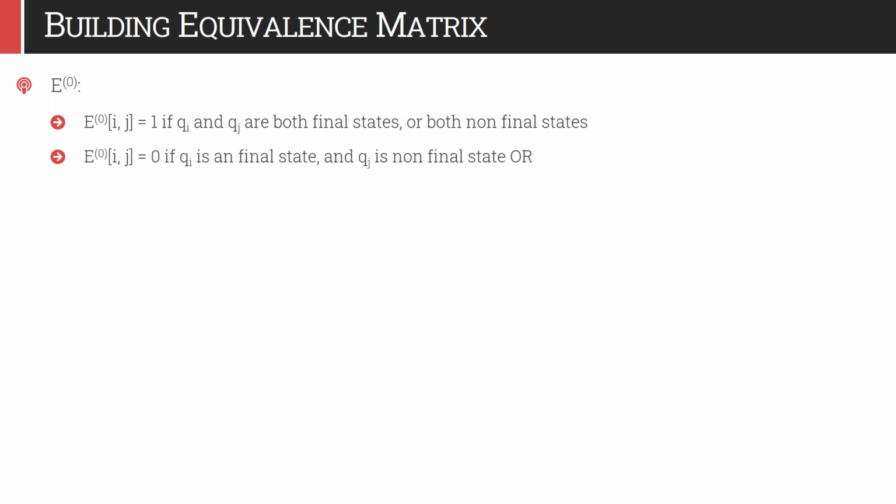And E0 of i comma j would be 0 if qi is a final state but qj is a non-final state, or vice versa. So construction of the equivalence matrix is pretty straightforward. We just need to evaluate the pair of states qi and qj, and if both are in the same category, then we set E0 of i comma j as 1, else we set it to 0.